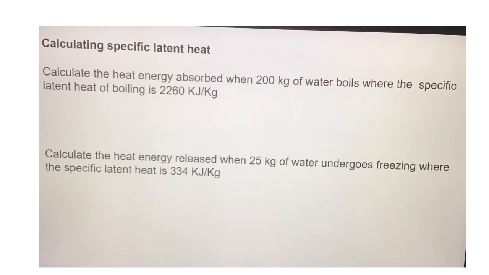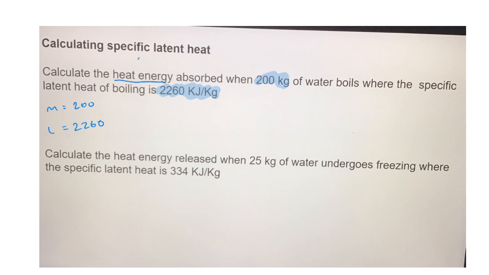Let's look at calculating latent heat then, using that equation. So the first thing, calculate the heat energy absorbed when 200 grams of water boils with a specific latent heat of boiling is 2260 kilojoules per kilogram. First thing then, my mass is 200. My latent heat is 2260. I've got them in kilograms and kilojoules per kilogram, so I don't need to do any converting.